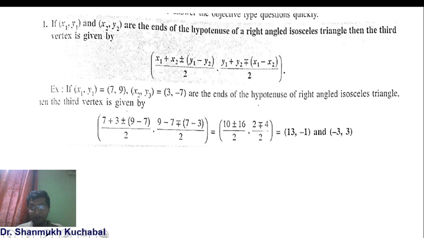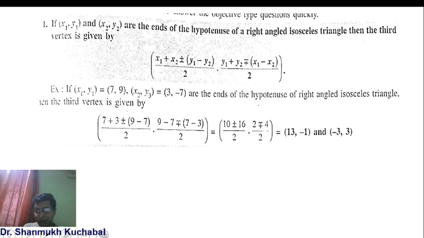Like that, if you remember one coordinate, this is the first coordinate. The second coordinate is very easy to remember. X we have to replace by y, y by x, and plus or minus becomes minus or plus, whole divided by 2 on both sides. Suppose here is one example: x1 y1 has coordinates 7, 9, and x2 y2 is 3, minus 7.